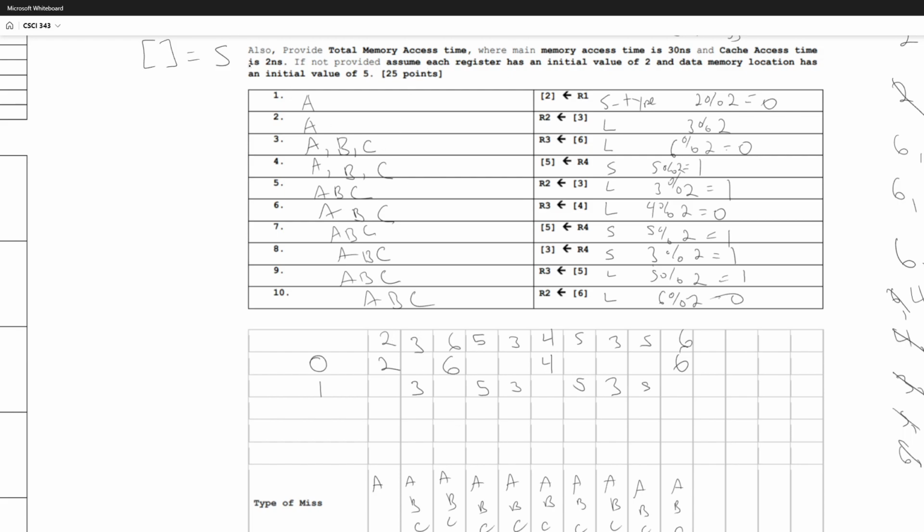There were definitely 10 misses for all of these, but then for the S type, there's 4 more. 1, 2, 3, 4. So it's 14. 14 misses times memory access time, which is 30. Did he say a penalty? Memory access time is 30. Cache access time is 2 nanoseconds. So I guess there's no penalty. 30 plus 0.